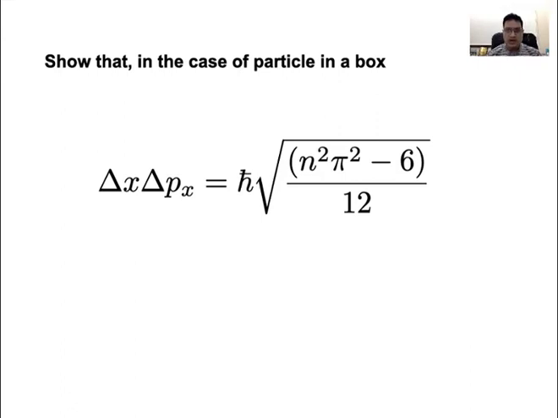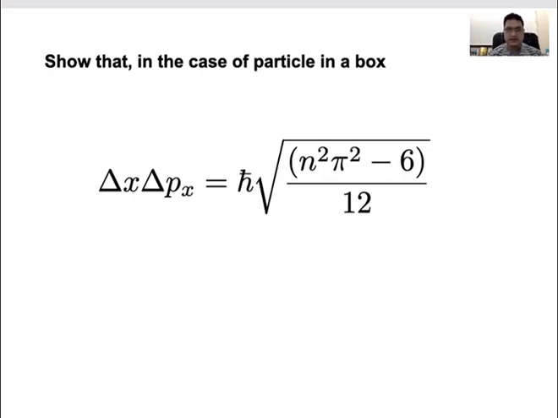Okay, this result is very different from what you have seen in the case of a free particle, where your delta px is 0 and delta x is infinite. Here the product of these two quantities is finite, and moreover it is not independent of n. So this is the exercise that you have to do.